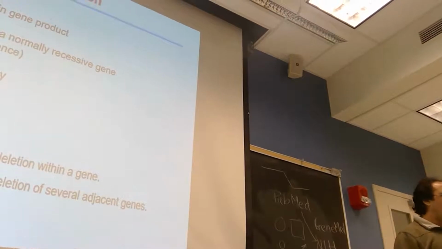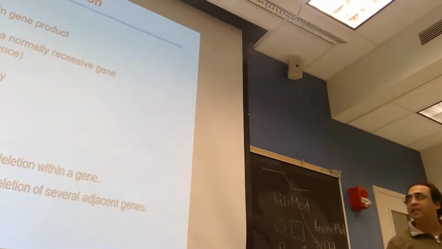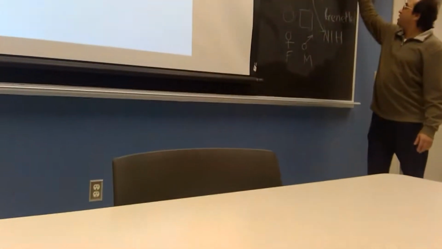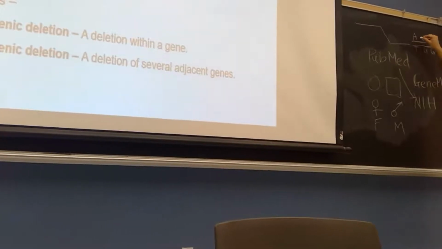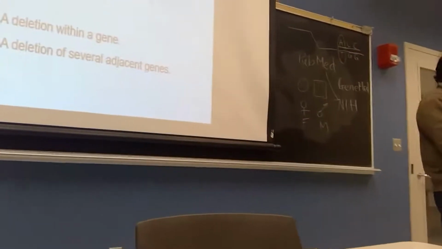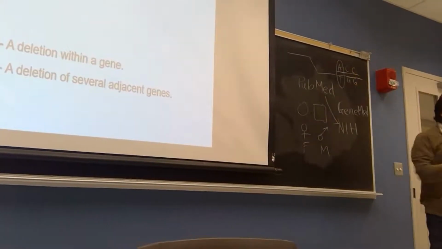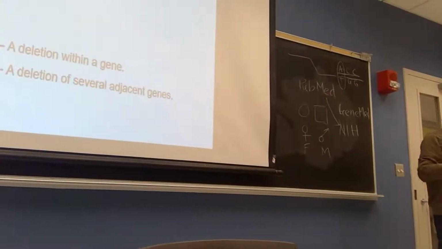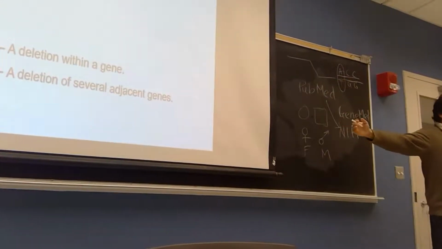DNA is measured in base pairs. A always binds with T, C always binds with G, and one of these pairs together is called a base pair. So a gene may contain thousands of base pairs of DNA.